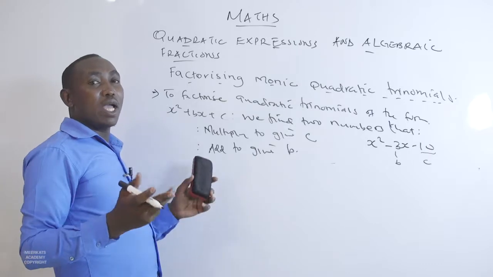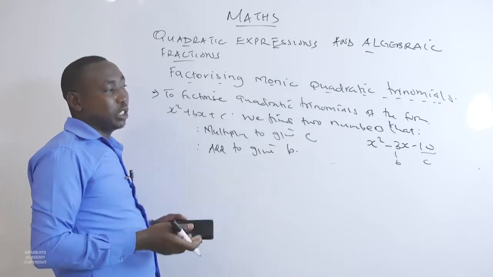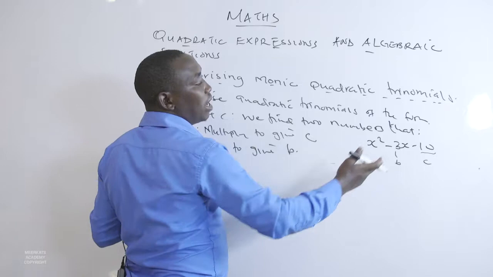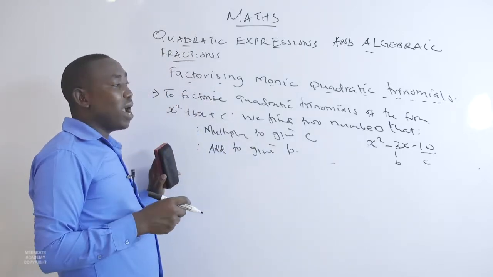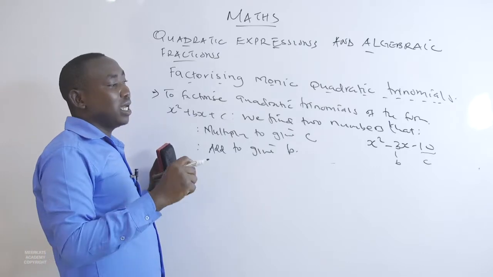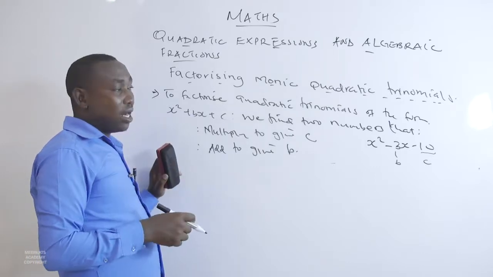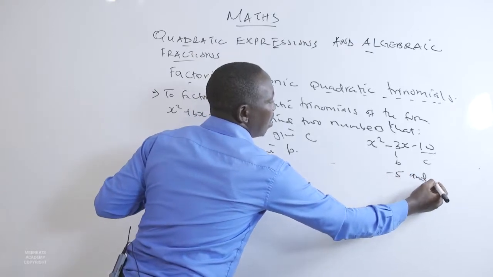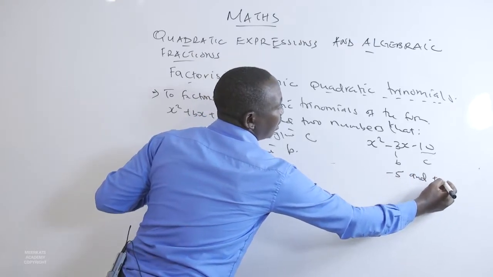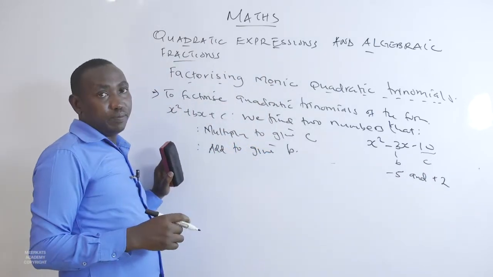So we think of the two numbers, and you can combine as many times as possible. The two possible numbers that can give us negative 10 when multiplied and negative 3 when added are negative 5 and positive 2.